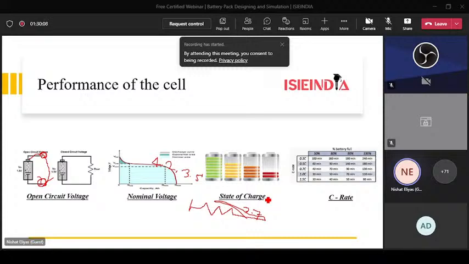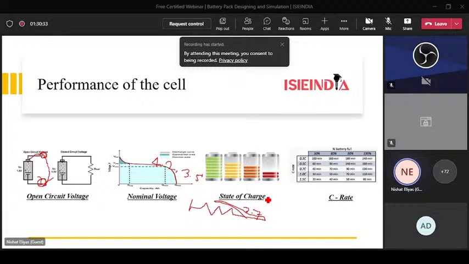If a cell is rated 1C, then it takes 1 hour to reach 100% charging. If it is rated 0.5C, it takes around 3 hours to go to 100% charging. This is how the C rate is defined.